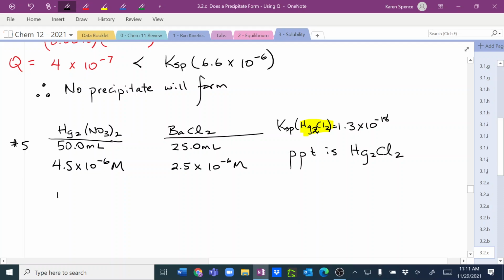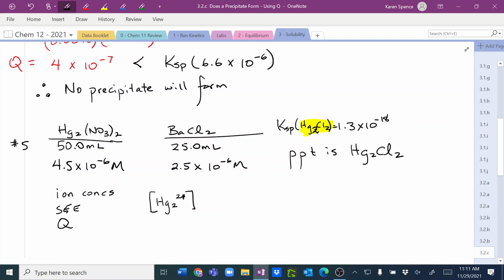So once again we need our ion concentrations. We need our Q instead of a Ksp. Concentration of Hg2 2+. Hg2 2+ is just a polyatomic ion like every other polyatomic ion.